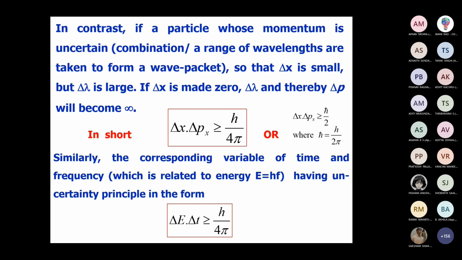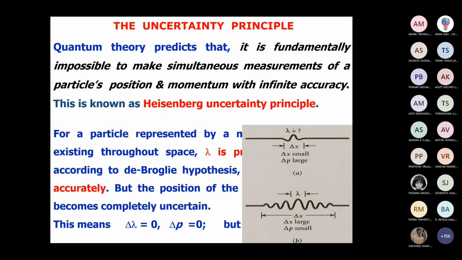If the uncertainty in measuring delta x is small, then the uncertainty in measuring delta px will be large. If the uncertainty in measuring delta px is small, then the uncertainty in measuring delta x will be large. Is it clear? So I'll repeat: the Heisenberg uncertainty principle states it is not fundamentally possible to measure two quantities simultaneously with infinite accuracy.